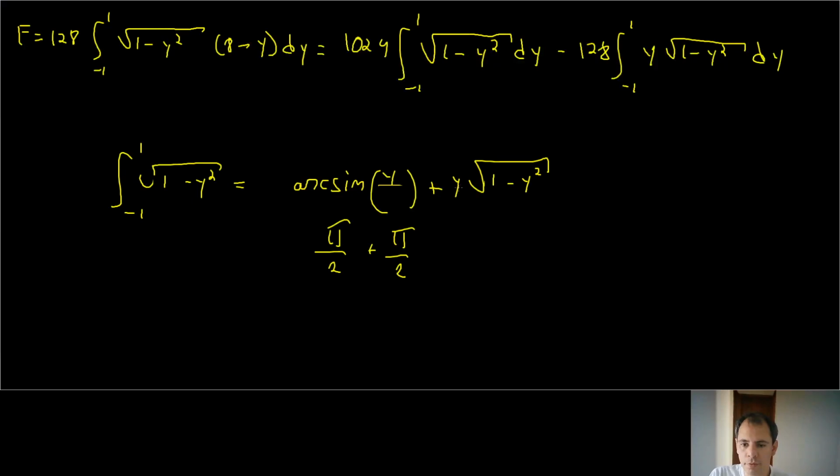And here you're going to have a 1 times this minus 1 times this. But the problem is, if you plug in a 1 here, you're going to get a 0. If you plug in a minus 1 here, you're going to get a 0. So you don't have to worry about that. So it's just going to be 2 pi divided by 2, so it's just going to be pi times 1024.